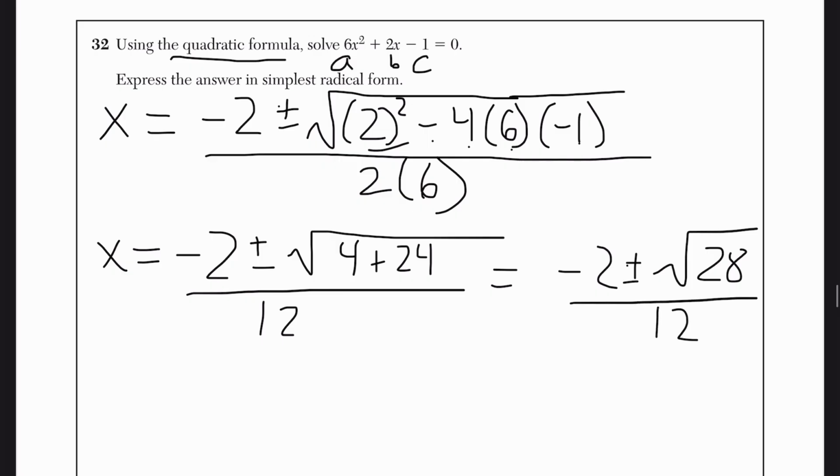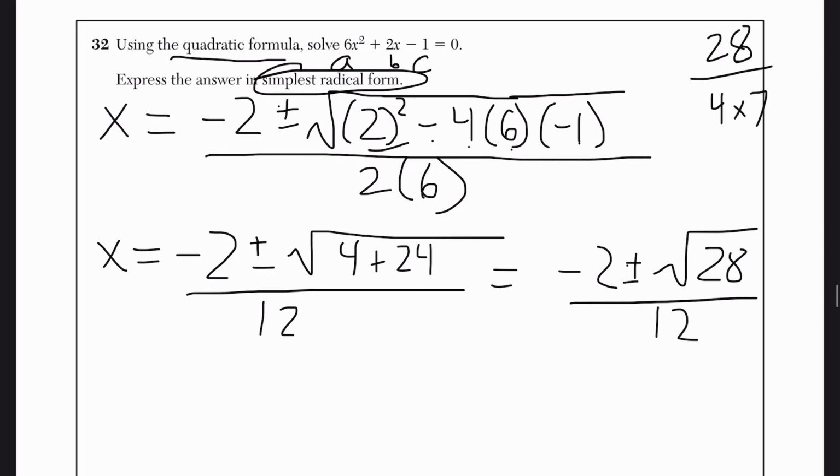And now unfortunately you do not get full credit there. Sometimes they used to give it to you. But you have to simplify now into the simplest radical form. So on the side, break down 28 into what you know multiplies to it. 1 times 28, 2 times 14, but we're looking for perfect squares. It's going to be 4 times 7.